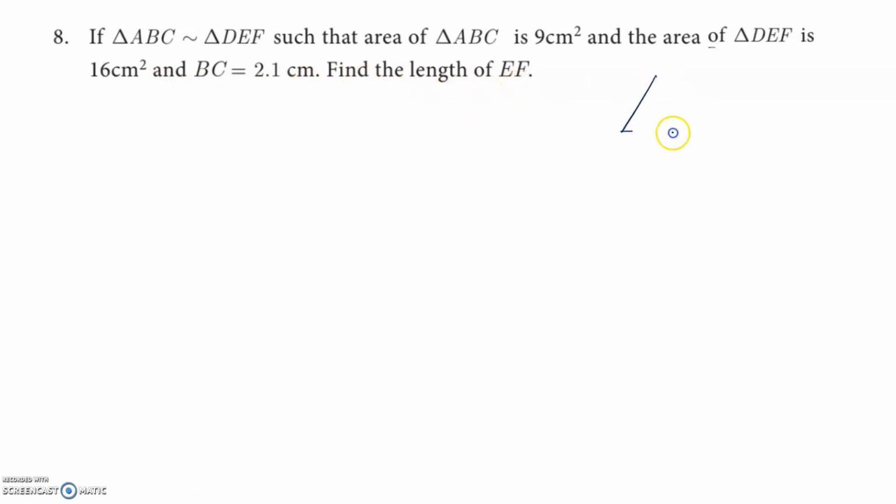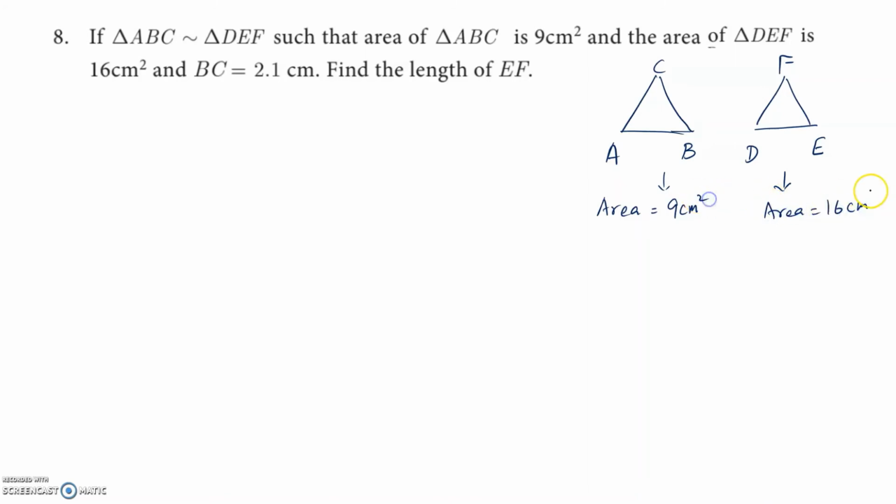So let's consider two triangles here, ABC and another triangle DEF. Now the area of this triangle is given to be 9 centimeters squared, and the area of this triangle is given to be 16 centimeters squared.